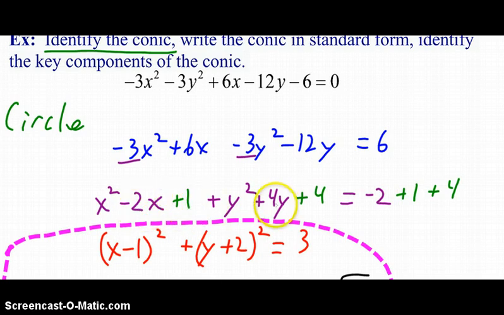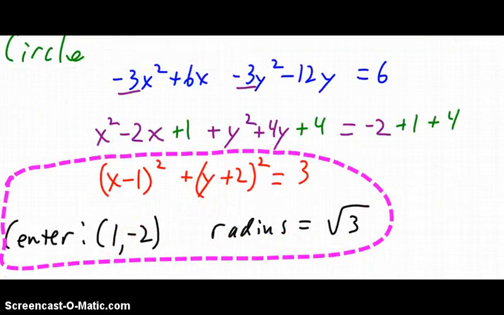Half of 4 is 2, 2 squared is 4. Add that to both sides. Now I can go ahead and factor my perfect square trinomial, x minus half the middle term, so 1 quantity squared, y plus half the middle term, so 2 quantity squared, negative 2 plus 1 plus 4 is 3.